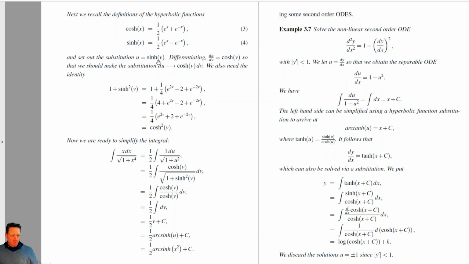I don't actually remember which way it's supposed to be said or written, but I mean the inverse sinh function here applied to both sides of this, setting out u equals sinh of v. So v is equal to the inverse sinh function of u. Okay, so we have 1/2 inverse sinh function of u plus c, but u, remember, was just x squared, so our integral is 1/2 inverse sinh of x squared and then plus our constant of integration.